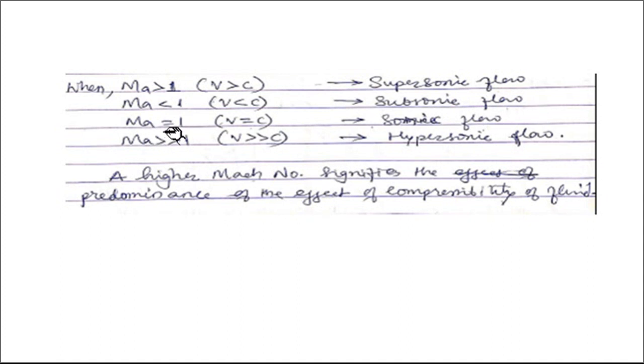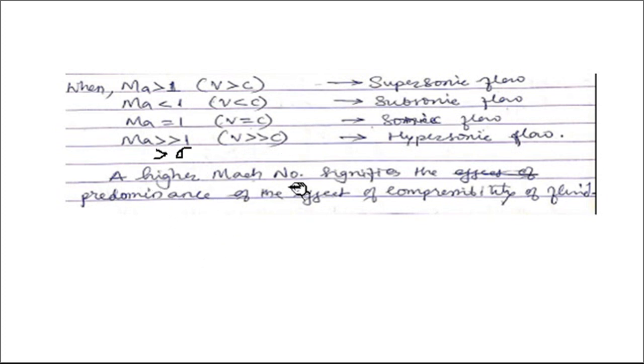If the Mach number is equal to 1, the velocity of fluid is equal to the velocity of sound, and it is called sonic flow. And if the Mach number is much more than 1, typically more than 6, sometimes 8, it is classified as hypersonic flow, where the velocity of fluid is much more than the velocity of sound in a given fluid.